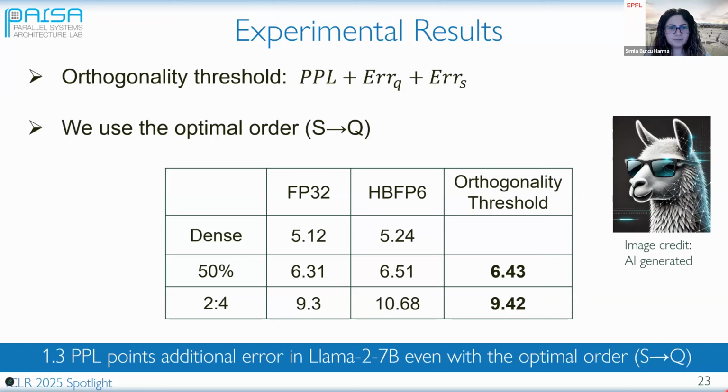So if the compression methods are non-orthogonal, the perplexity of the combination will exceed the orthogonality threshold due to the compounded error. And in most cases, even in the optimal order, the orthogonality threshold is exceeded in our experiments. And we observe up to 1.3 perplexity points additional error in LLaMA 2 7 billion.